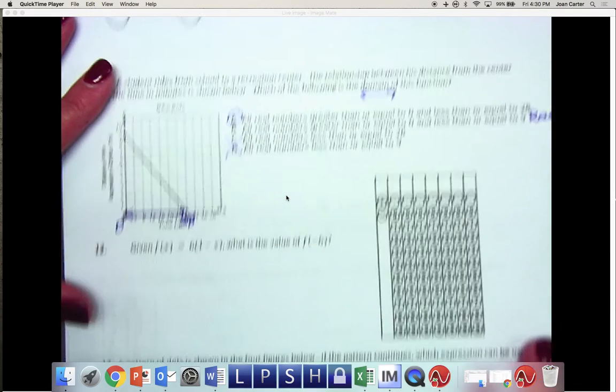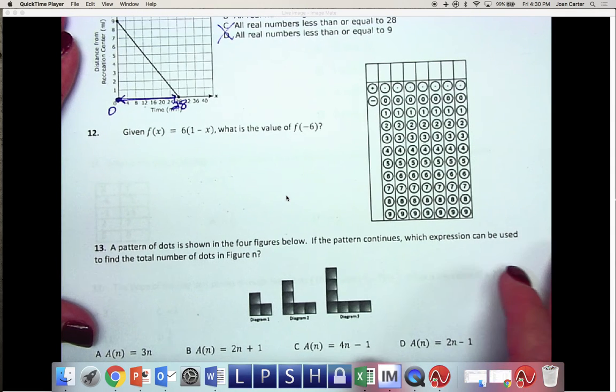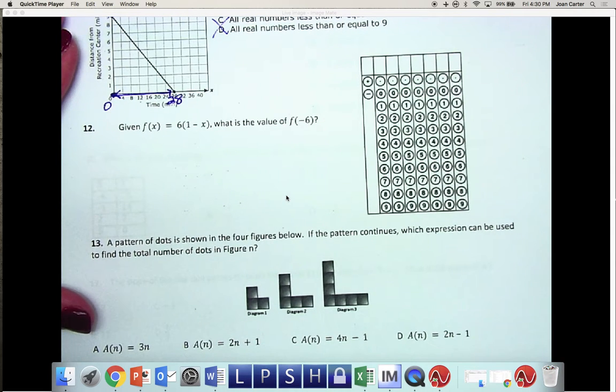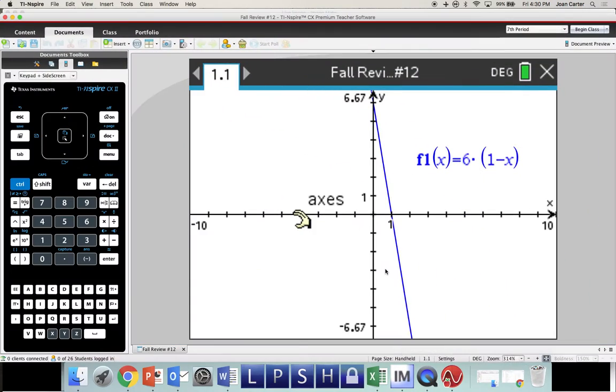All right, number 12. I've got, given f of x is 6 times 1 minus x, find the value of f of negative 6. All right, this can be done in your calculator. And so I would open up my calculator, and I've already graphed this.